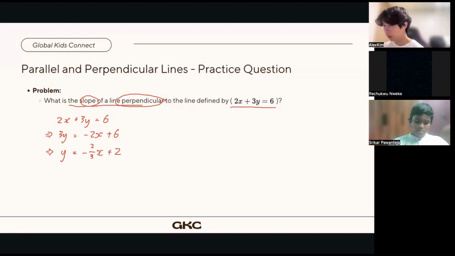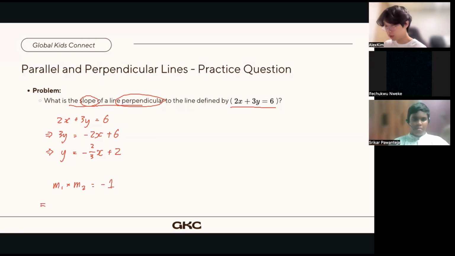Now that we know a useful expression for this line, we can find the slope of the other line that is perpendicular to this one. Like I said, the rule for two slopes being perpendicular is that when they are multiplied, they must equal -1.